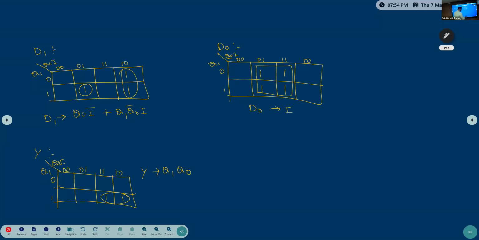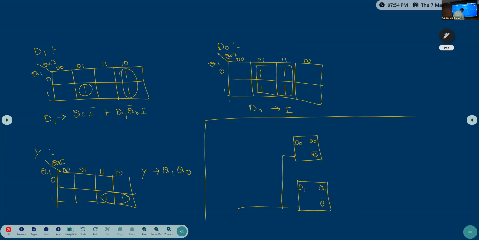So let's take it here only, on the next page. 2 flip-flops I am taking: D0, Q0, Q0 bar, D1, Q1, Q1 bar, and the clock here.